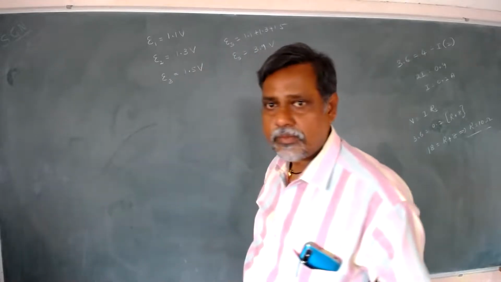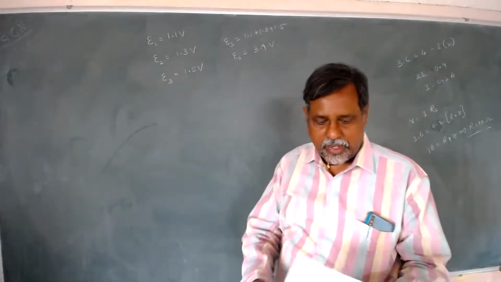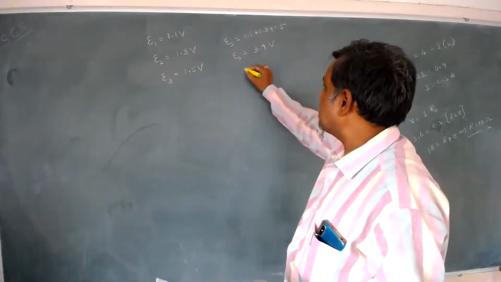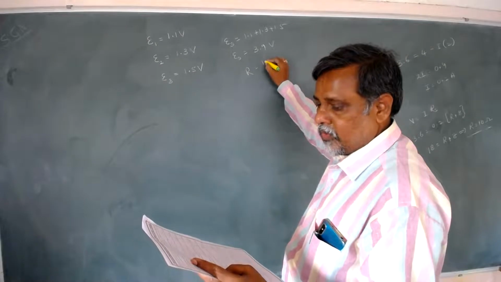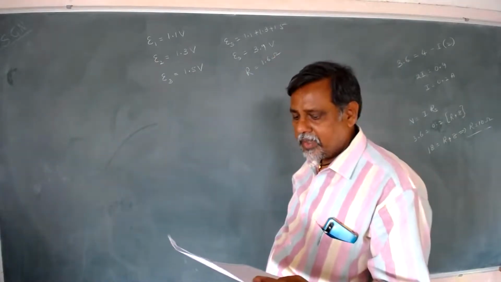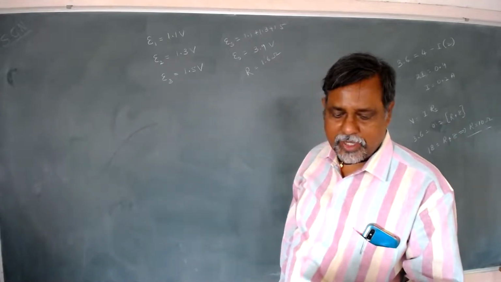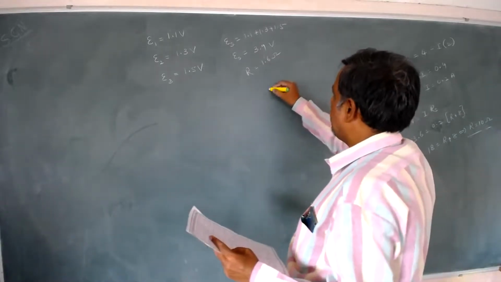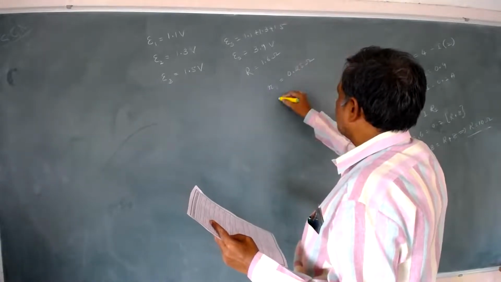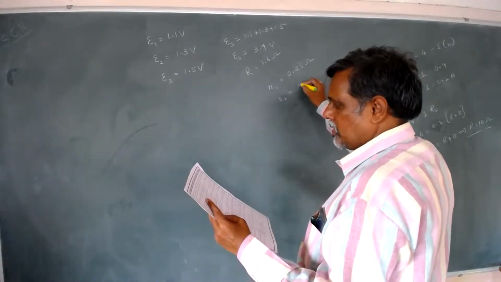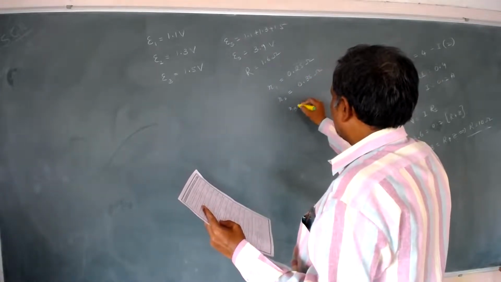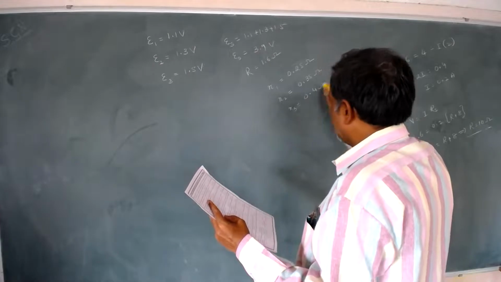Okay, so what else is given here? To supply current to an external resistance R, 1.6 ohm. The internal resistances of the three cells are 0.25, 0.35 and 0.4 ohm respectively. Determine the current. So R1 is equal to 0.25 ohm, R2 is equal to 0.35 ohm, R3 is equal to 0.4 ohm.